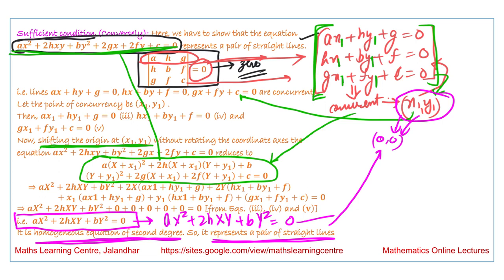Now these two points coincide. So we have proved that if this condition is given, then this equation will represent a pair of straight lines.